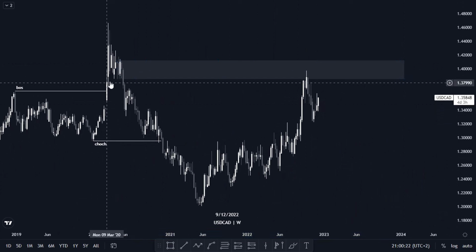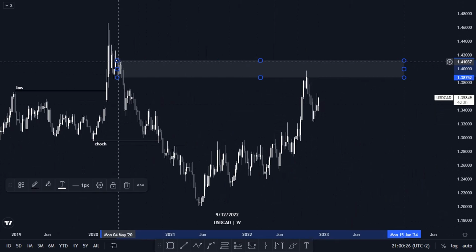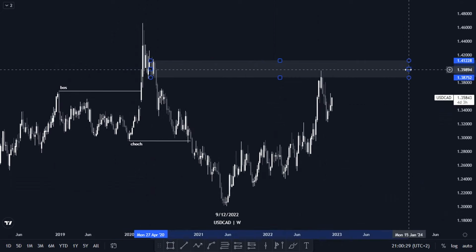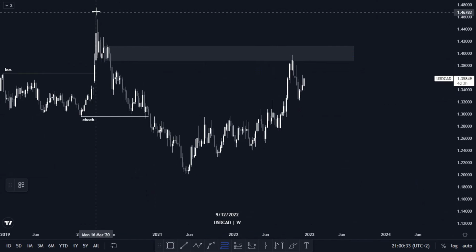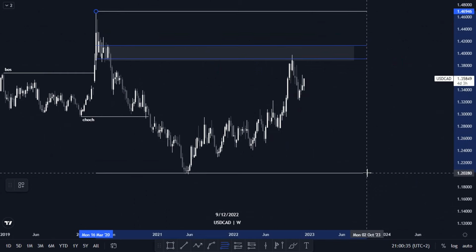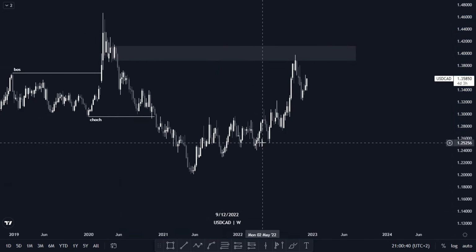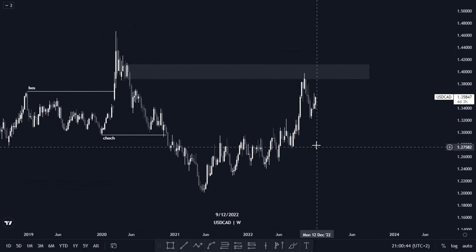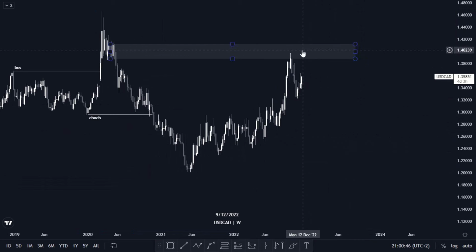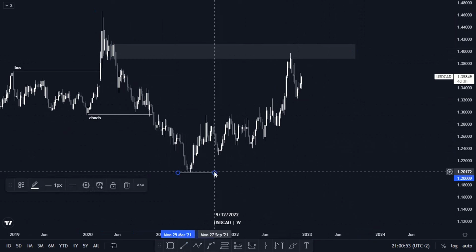Okay, and another confluence is that also using our golden zone, we can see that price also tapped into our golden zone and could push to the downside. Okay, so we have this. So now price, since it tapped into our weekly order block here, we're expecting price to break this low here.